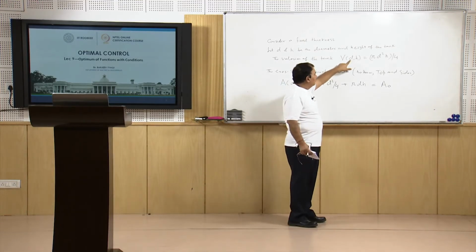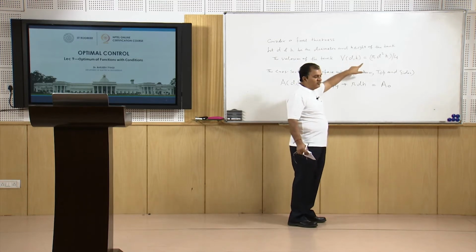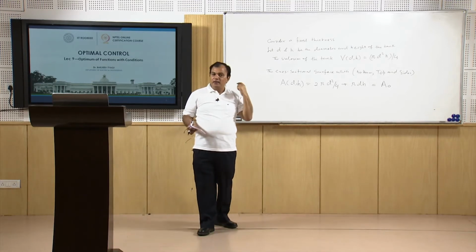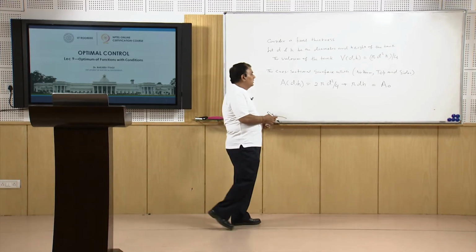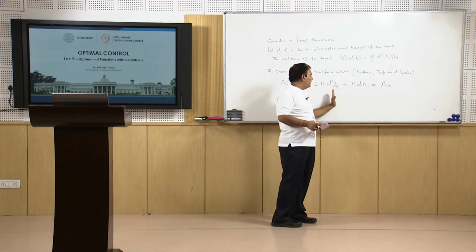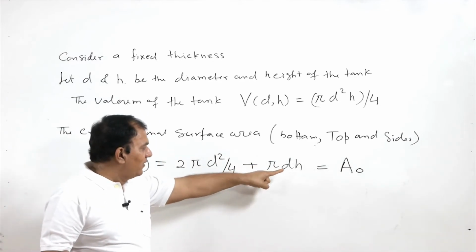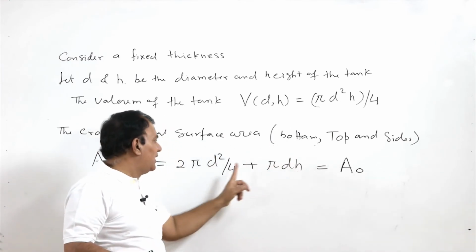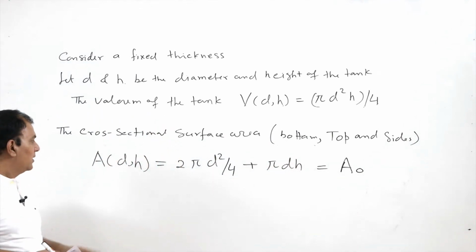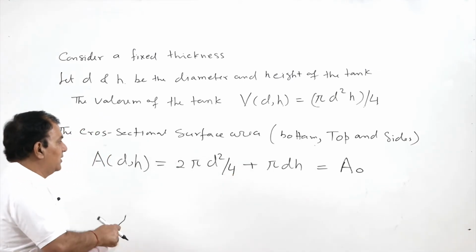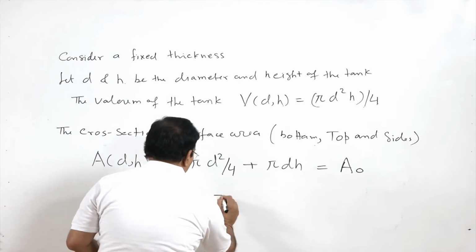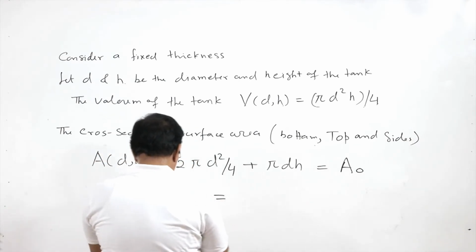V is a function of the 2 variables d and h. If I treat one variable as dependent and the other as independent, I can find out the value of one variable in terms of the other. As my surface area is fixed, from this equation I will write my height in terms of the diameter.